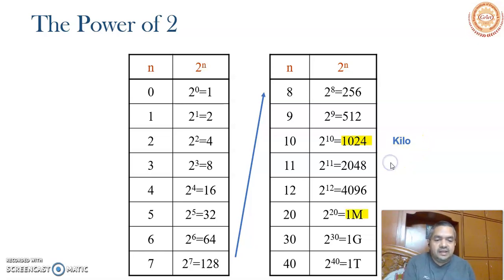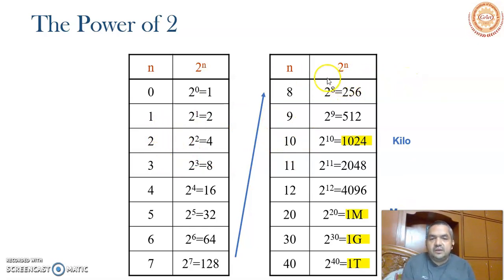Similarly 1 mega is 2 power 20, that is 1 kilo into 1 kilo. Similarly 1 mega into 1 kilo, that is 2 power 30, will be called as 1 giga, and 2 power 40 is called as 1 tera. So this is the notation which we use in the binary number system.